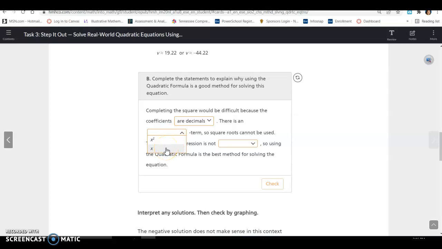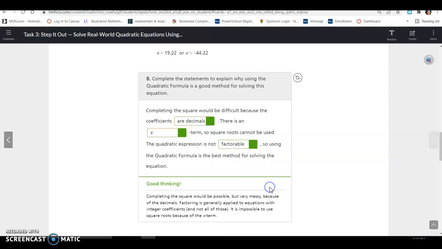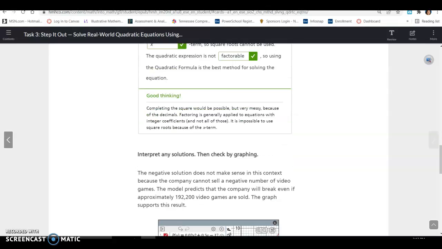Because if there's a middle term, you can't use square roots. The quadratic expression is not factorable. So using the quadratic formula is the best method. This basically is just eliminating. This is telling why the other methods are not good, why we need to go to the quadratic formula.